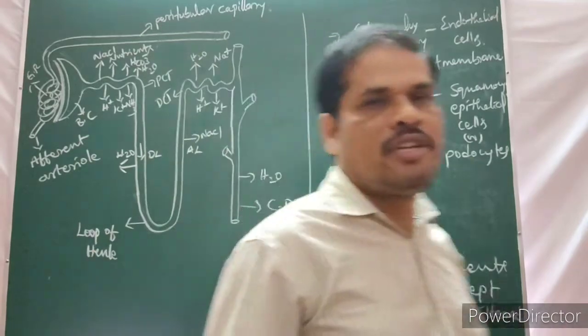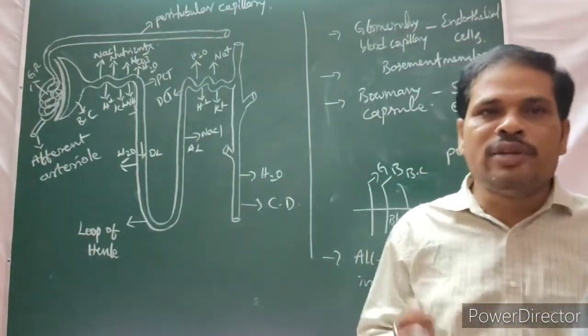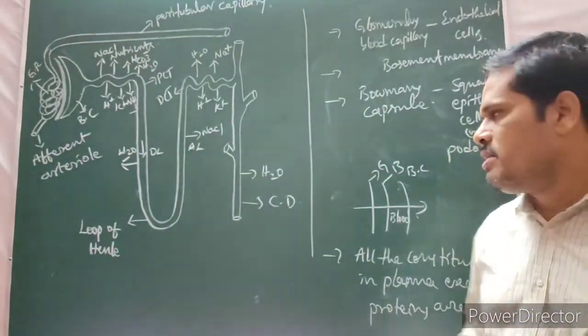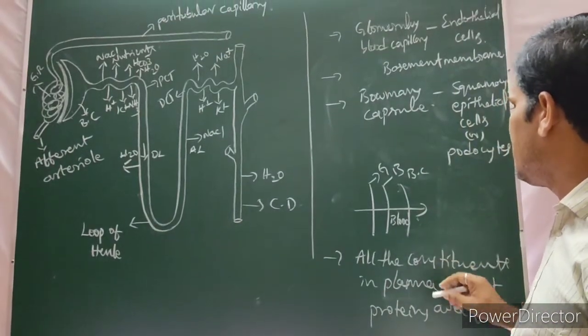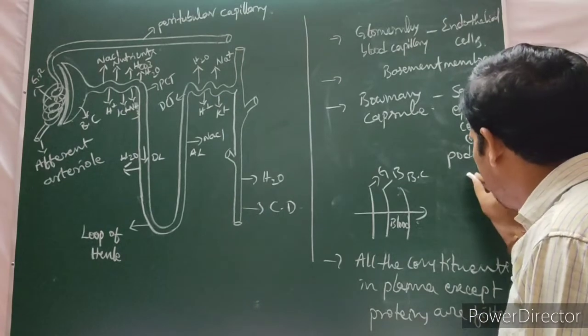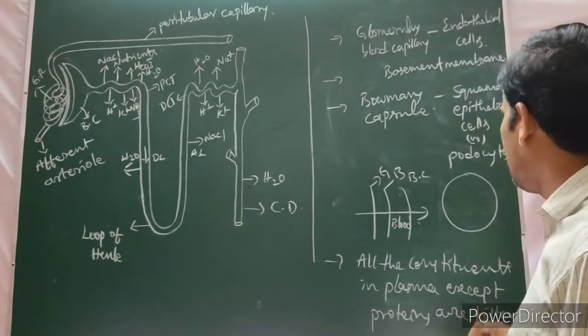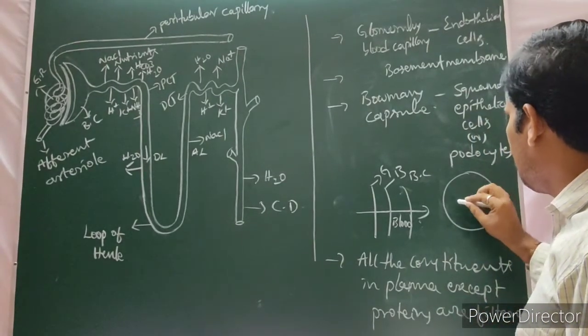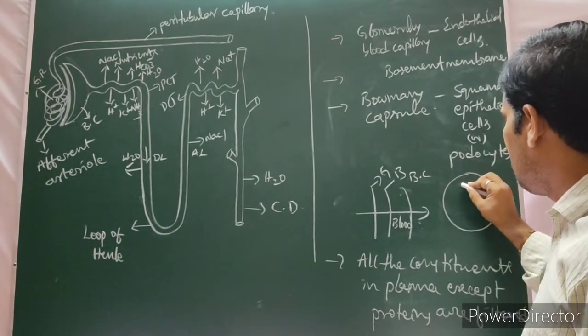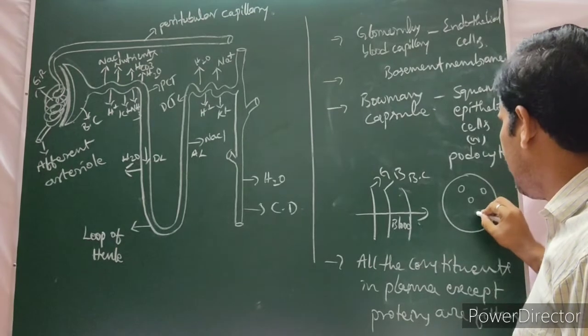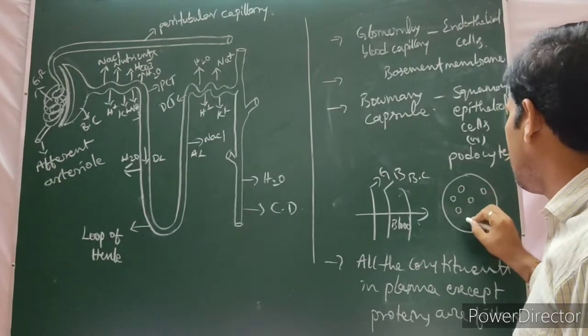Why is it called ultrafiltration? At a very minute level, filtration is done. How? In the Bowman's capsule, podocytes are there. They are arranged in an intricate manner.